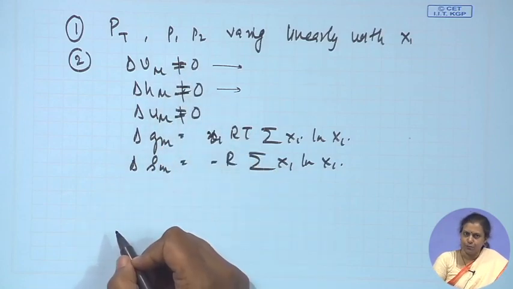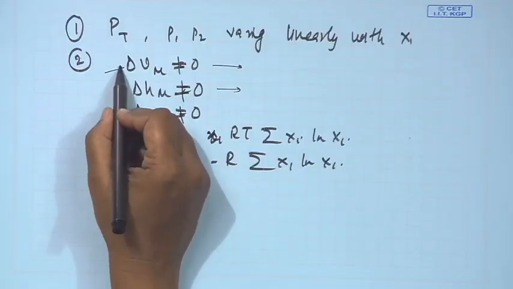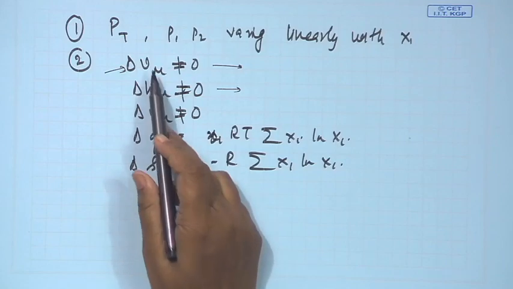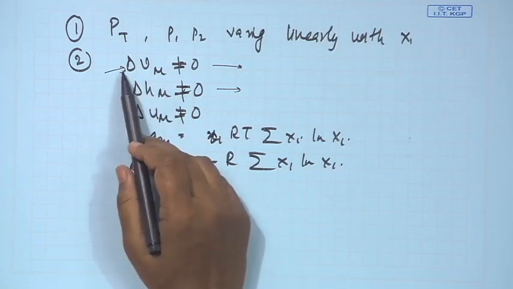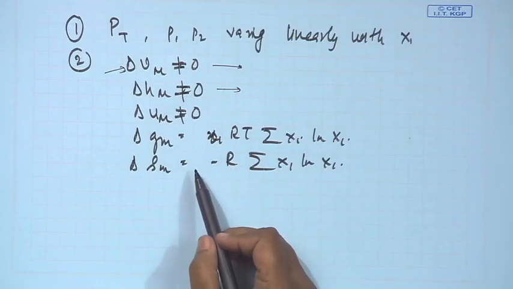It continues in this particular way. Now, remember one thing, a non-ideal solution can have only one particular property different. For example, it can have delta Vm not equal to 0, while the other characteristics follow the ideal solution model.